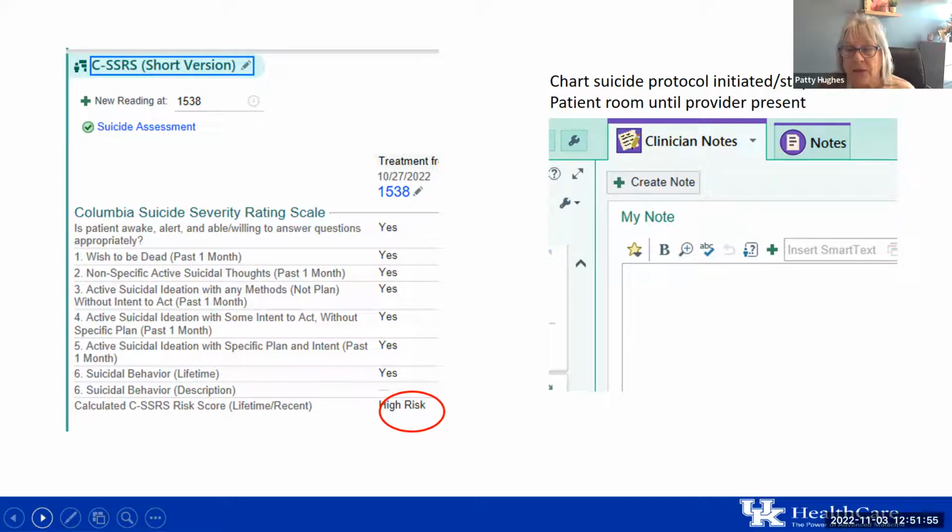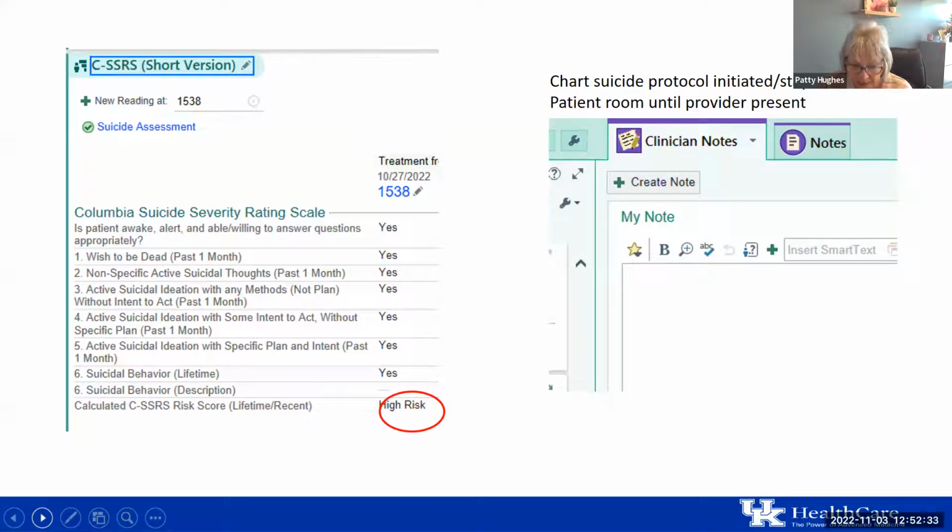We developed our protocols back in 2016 so that we could guide our clinicians and staff in our ambulatory clinics to ensure that patients got what they need, because in ambulatory we don't have access to social workers and psychiatric mental health specialists at the numbers that our inpatient side does. We certainly don't have enough there either, but we really don't have them in ambulatory. But we wanted to ensure that our patients got what they needed.